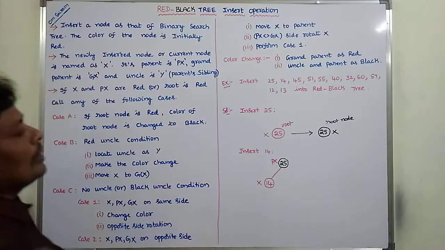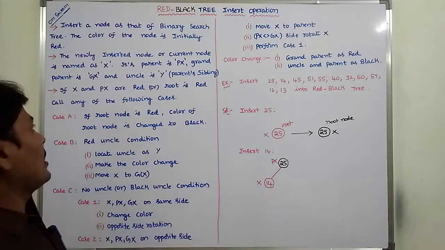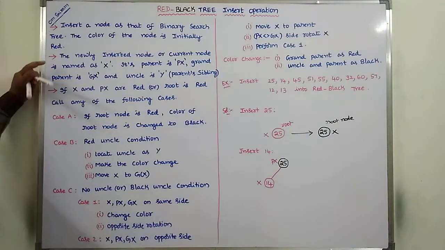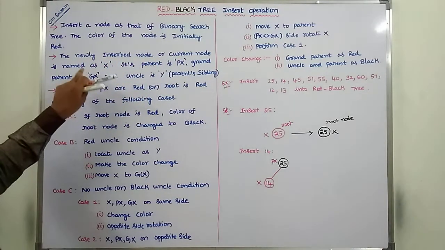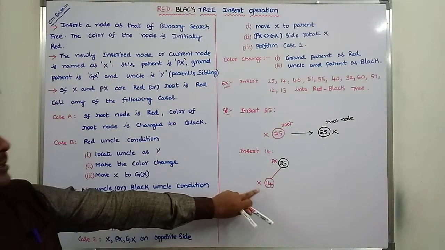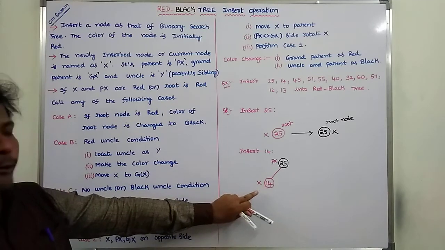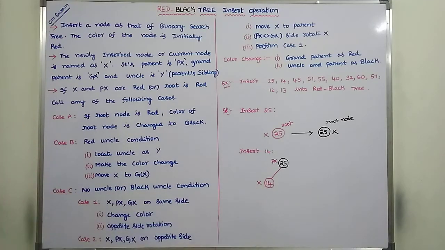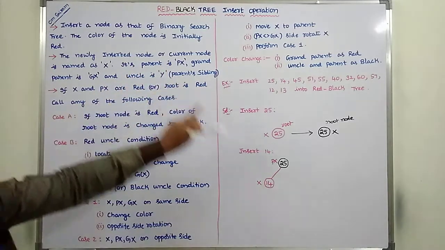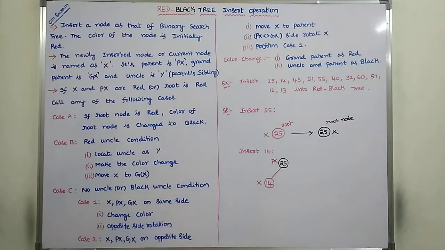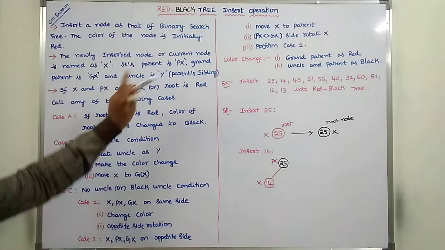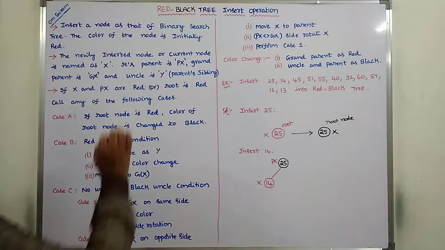Now, is this a red black tree or not? The newly inserted node, or current node, is named X. The newly inserted node is 14, denoted by X, and its parent 25 is denoted by Px. It does not contain any uncle, that is Y, so leave it.